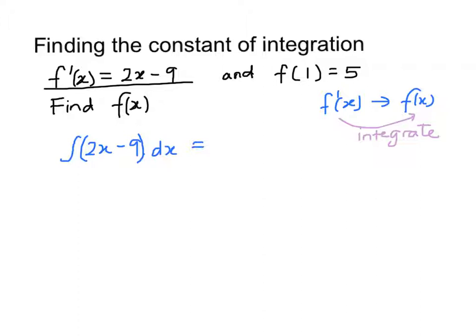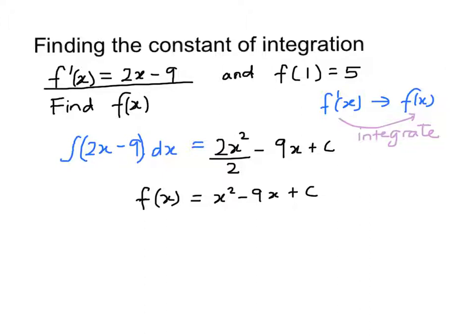So we integrate, we go backwards. So integrating 2x minus 9, we're going to have 2x to the power of 2 divided by 2 minus 9x plus some constant. I can simplify that to x squared minus 9x plus c is my function.